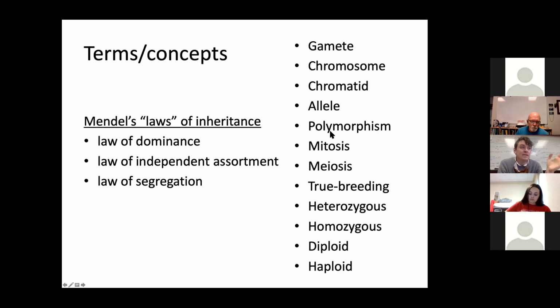If that's the case, the population is polymorphic for that gene. That's different than what we just talked about, where you have multiple different genes contributing to the same trait. This is about how many alleles are there for a given gene or locus in the whole population.